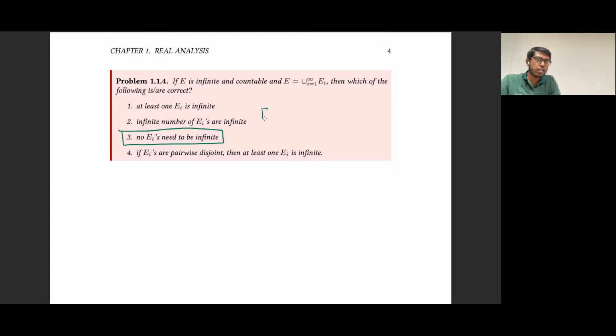Because if I take just E_i to be the singleton {i}, take E equal to N, the set of all naturals, then E I can write as the union of singletons {i}.